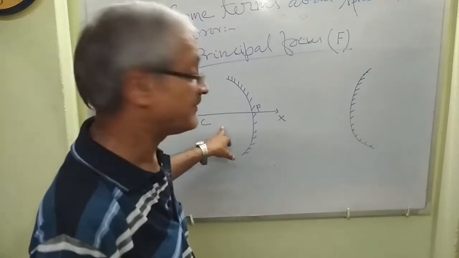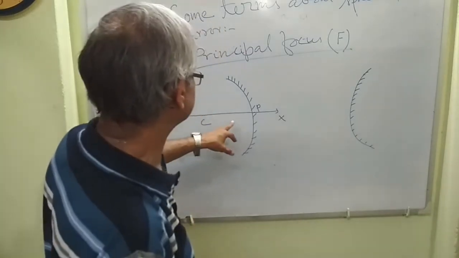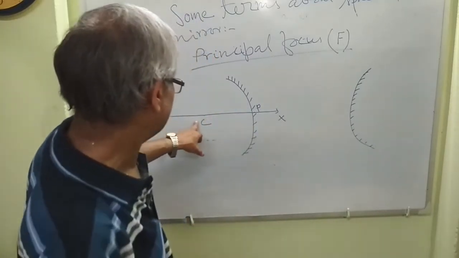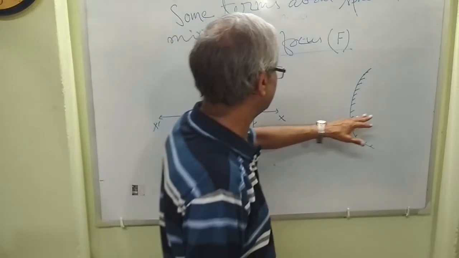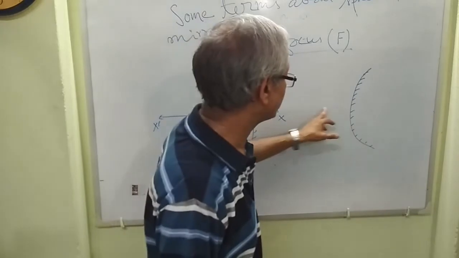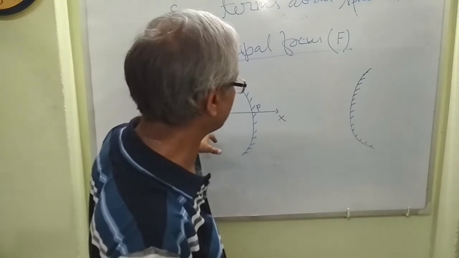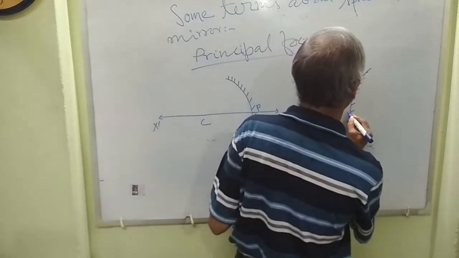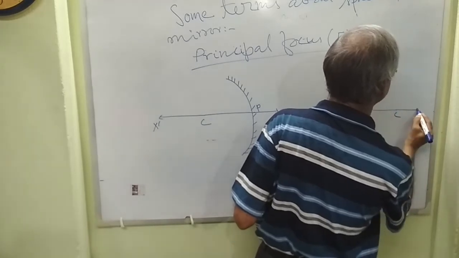A concave mirror is that spherical mirror in which the reflecting surface lies along the center of curvature side. But in the case of convex mirror, the reflecting surface is not on the side of the center of curvature; on the side of center of curvature, it is silvered. P, C, center of curvature. This is the principal axis.